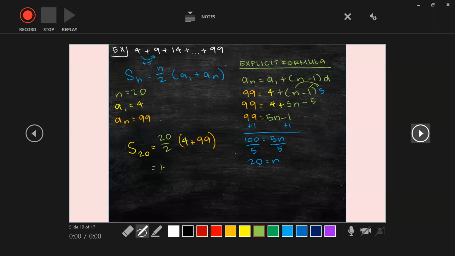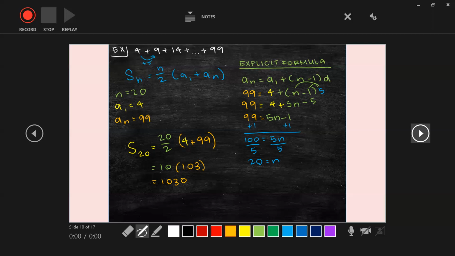So 20 divided by 2 is 10. And we multiply that by 103. What's 103 times 10? 1030. Ta-da! Add a 0 to n. Yeah. Yep. Not too bad, right?